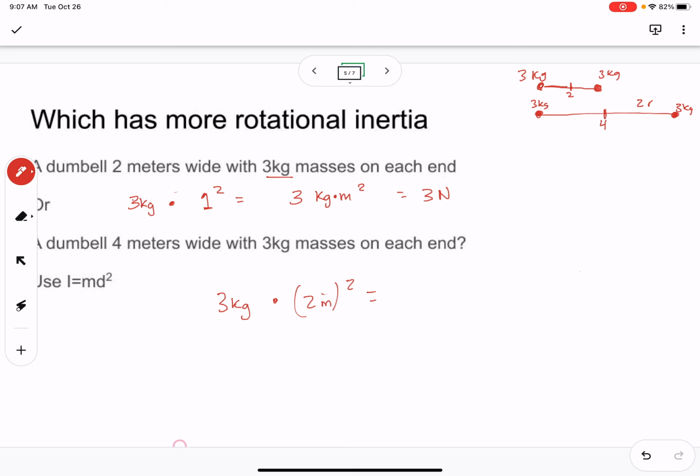And that equals 3 times 4, which is 12, and that's kilogram meters squared. So you can clearly see that the one with the larger radius will have higher rotational inertia.